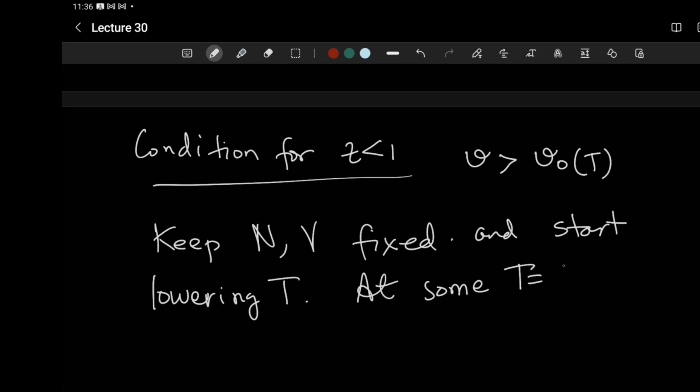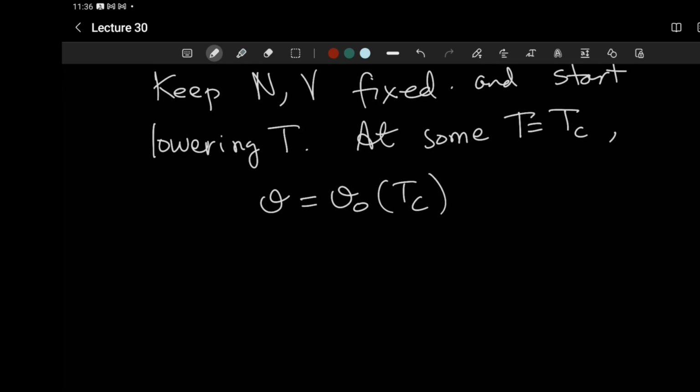Okay, so as you lower T, there will be some T equal to Tc where V equals V naught of Tc. Of course, Tc depends on what is the number density you are working with. So this defines Tc.